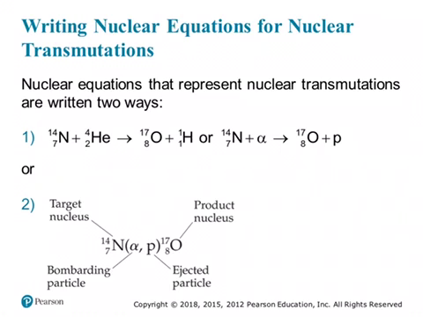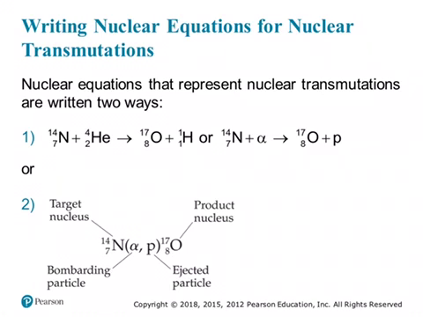And then the least favorite way is the target nucleus followed in parentheses by the bombarding particle, followed by the ejected particle, and then the product nucleus. This is the least preferred way.